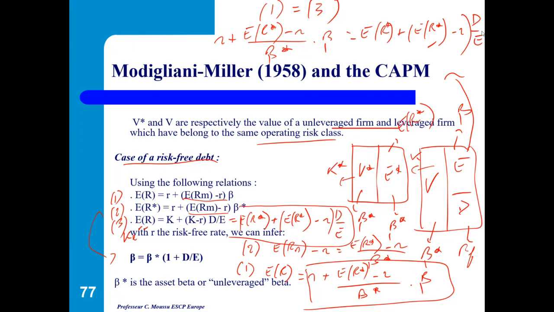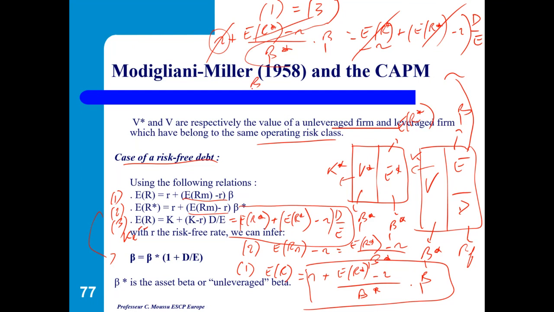Then it's basic maths. Here you have R, so you can remove that and have R here. And then you can see that it simplifies, because you have ER star minus R, ER star minus R, ER star minus R. What's left is beta over beta star.